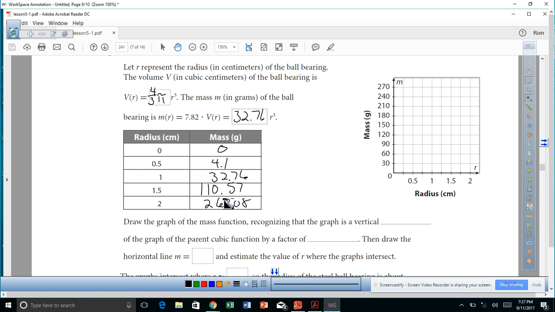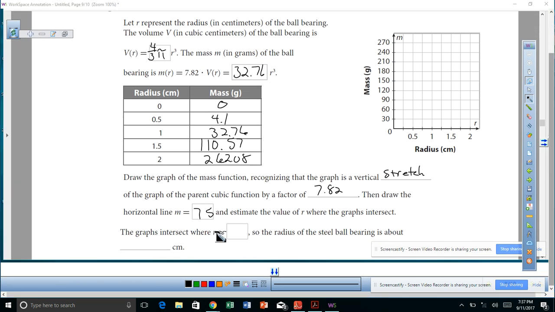Okay, draw the graph of the mass function, recognizing that the graph is a vertical stretch of the graph of the parent cubic function by a factor of 7.82. Then draw the horizontal line m equals 75, and estimate the value of R where the graphs intersect.